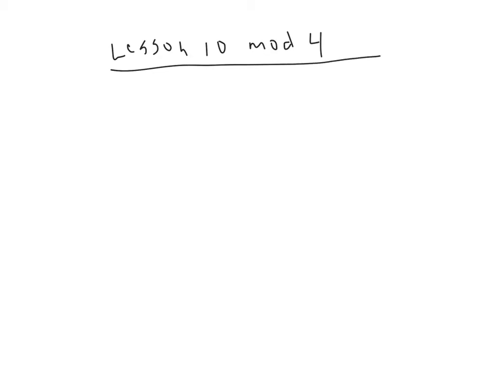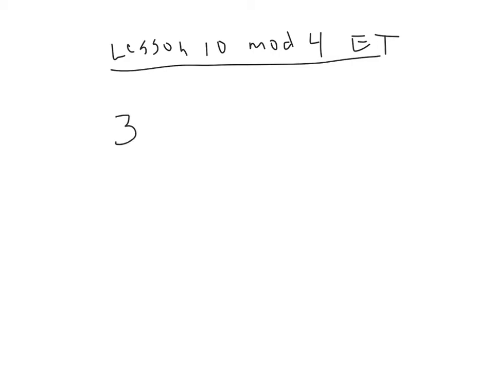Okay, this is for everybody who is stuck on lesson 10 in module 4. And that's the exit ticket. So they have stuff like rewrite the expression in standard form using the fewest number of possible characters.